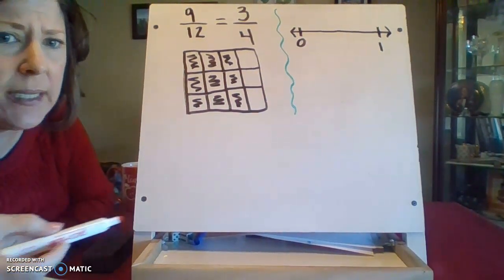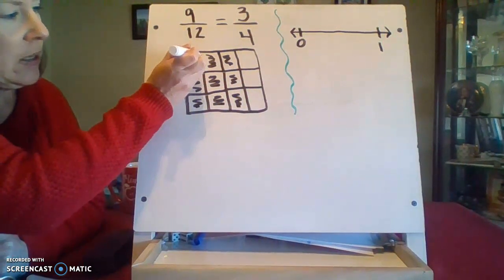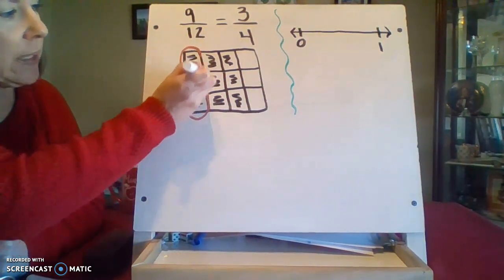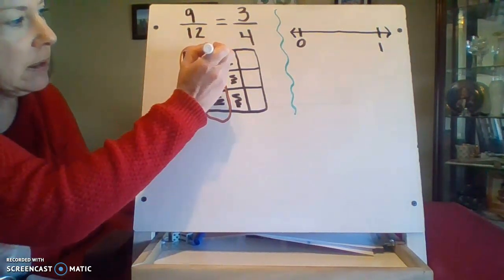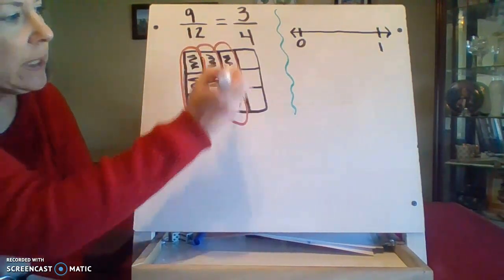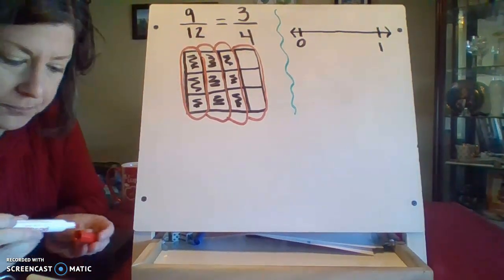So I see right here that I have groups of three. So I can put these three together, these three together, these three together, and these three together.